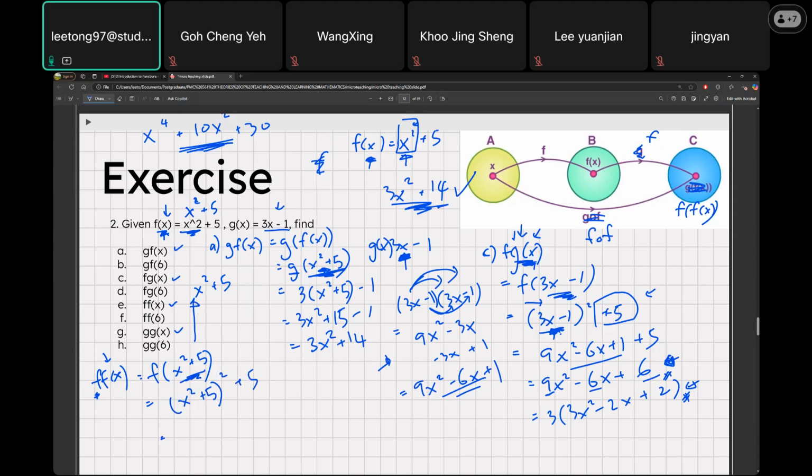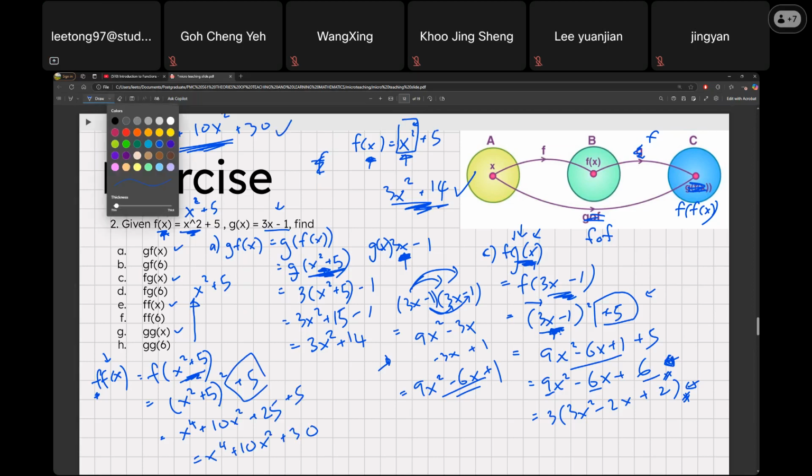If you cannot get it, you can do it yourself. x to the power 4 plus 10x squared plus 25, and this plus 5. So which is this? Okay, so correct.